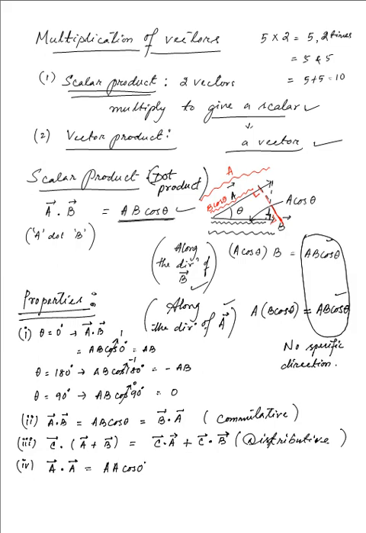Cos of 0 goes to 1, you know that, so it is simply A squared. So A dot A is A squared. But as you know, in case of perpendicular vectors, or in case of 180 degrees, the values are different, being 0 and minus respectively.